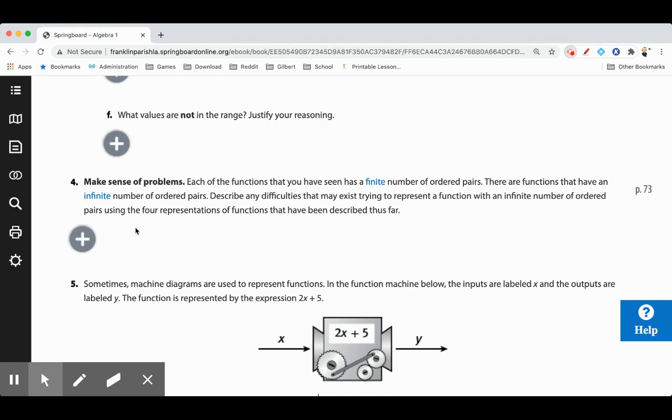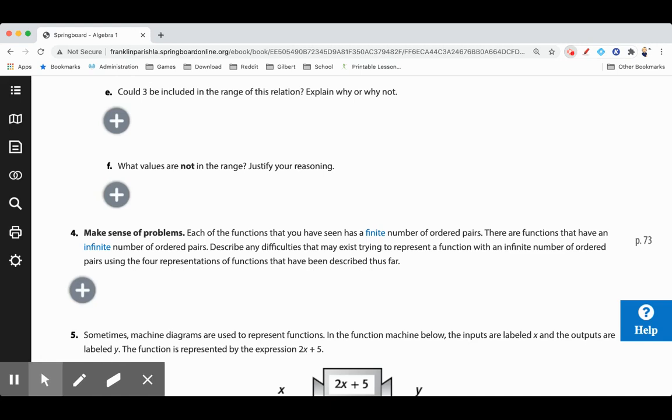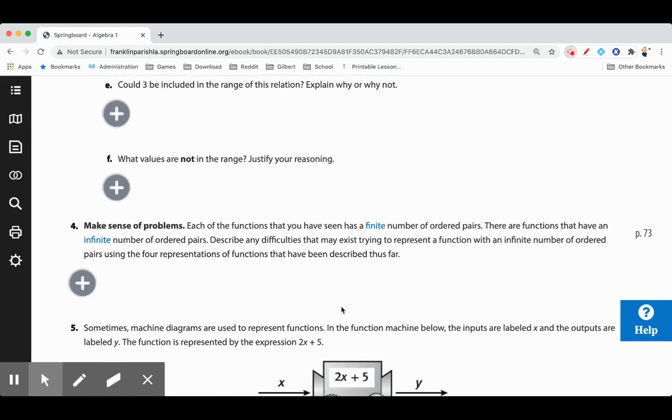So why do you think it's harder to represent infinite numbers of ordered pairs than finite numbers? Well, just think about it. Could you write down infinite numbers of ordered pairs? No. When we did our set notation, we put them in the curly brackets.